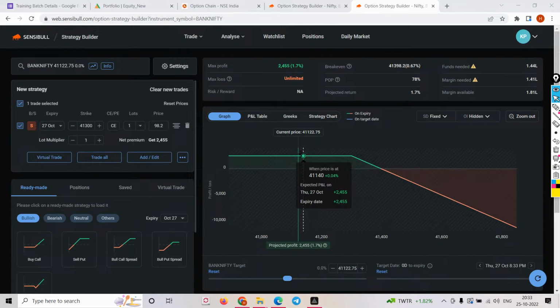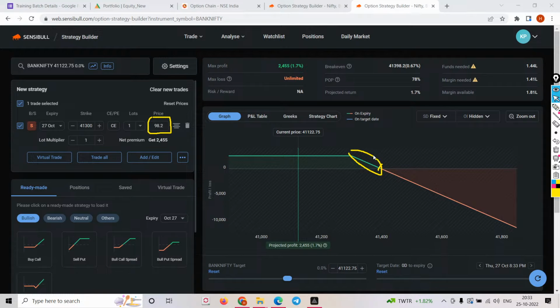Even if the market makes a down circuit of 10%, he'll get his profit. Even if the market goes above 41,300, he'll have a cushion of this 98 rupees, because he has received that premium. So his loss will start only after 41,398. This is the extra cushion I was talking about.